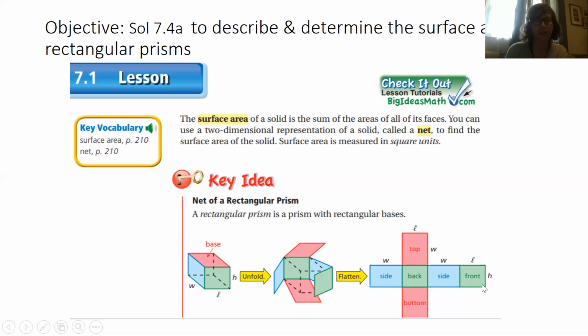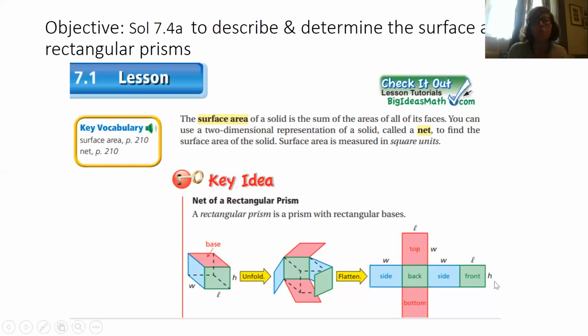You can see how the top and the bottom correspond. This is the pink part, and then here's your blue, here are your sides, and here's your green, which is your back, and then your front. They've labeled it: this would be width, this would be width, this would be length, this would be length, and this would be height.